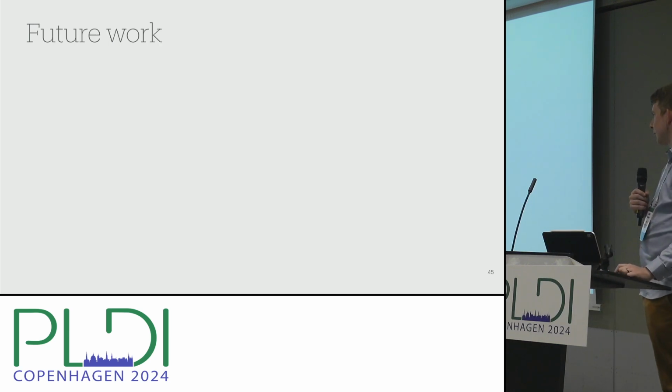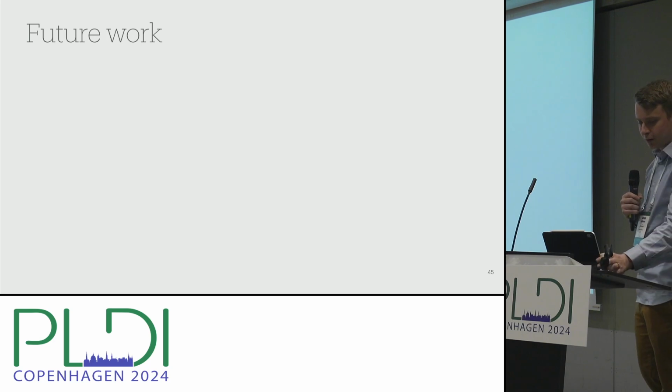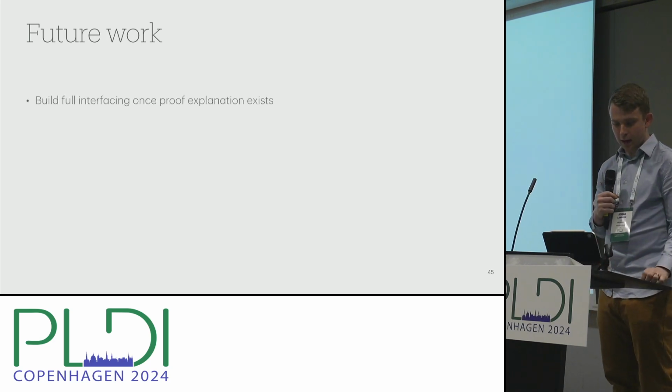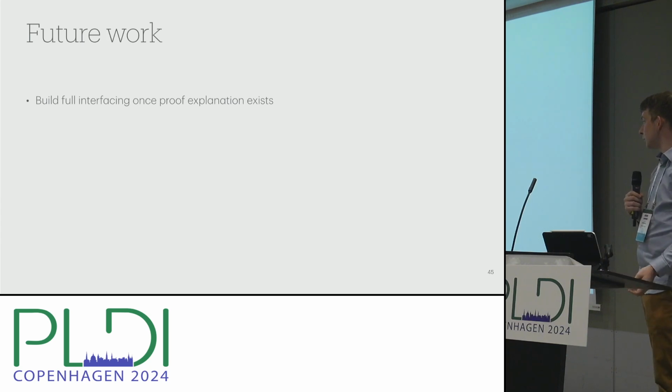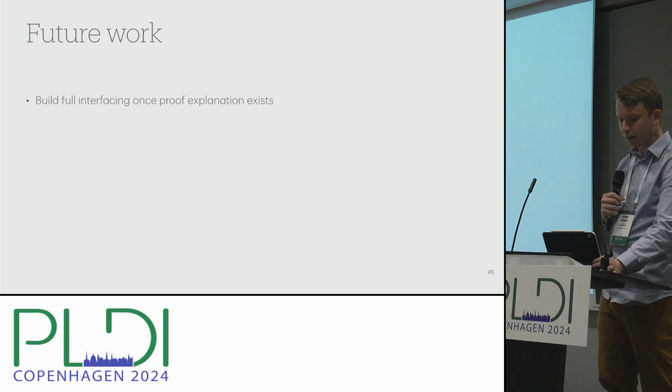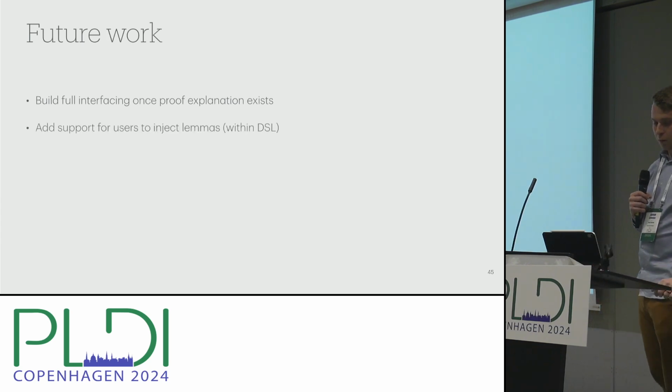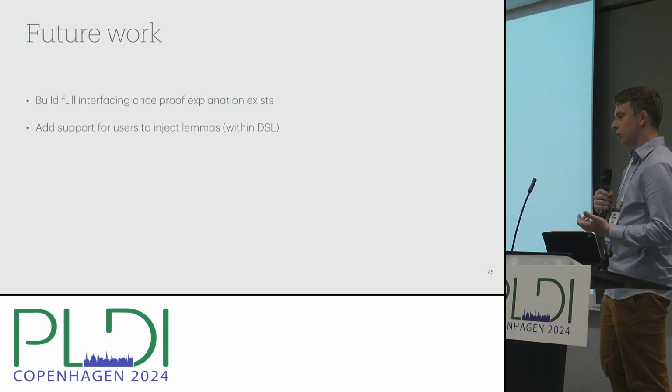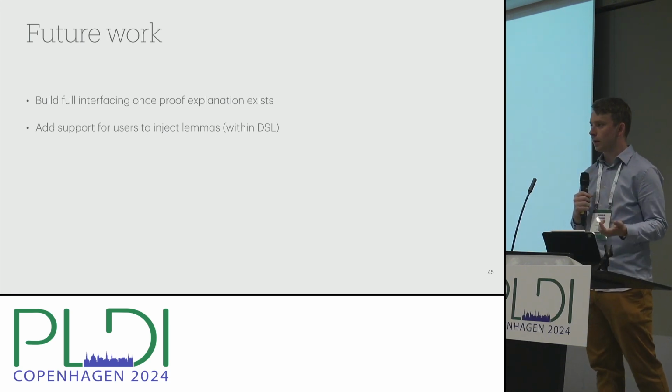All right, returning from this little anecdote to future work. As I previously said, we want to build full interfacing with Coq once the proof explanation system exists in egglog. We want to add the support for users to pass in their own lemmas.